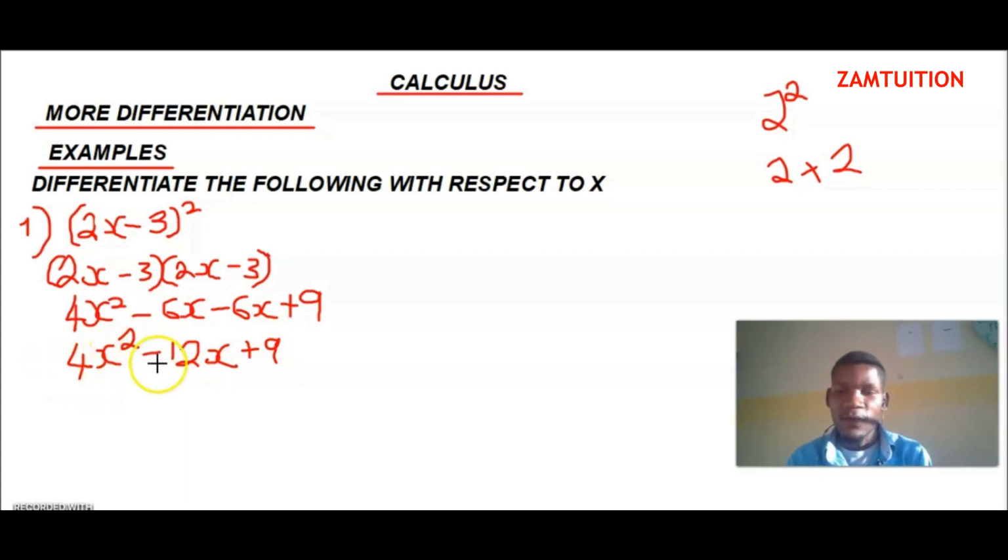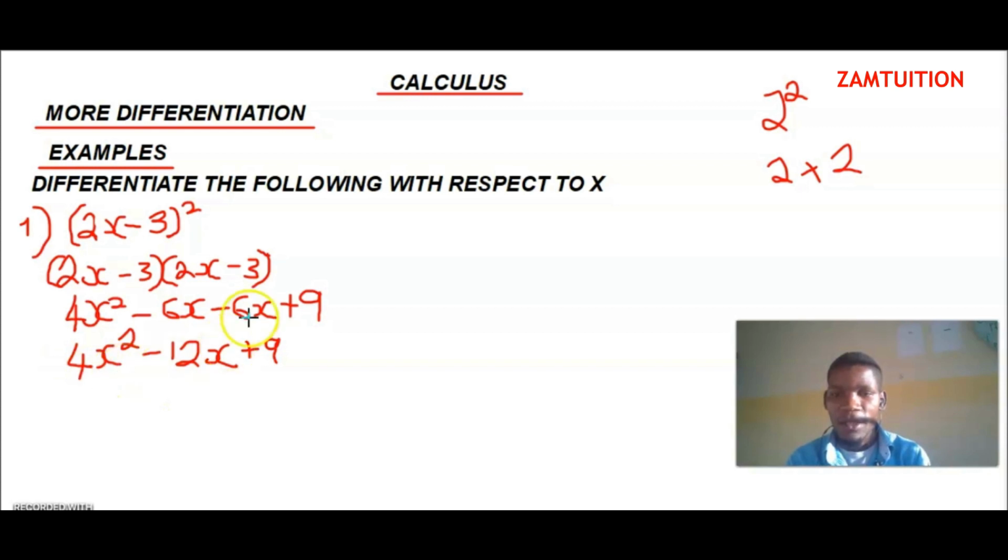So 4x squared minus 12x plus 9 is the value that we have after expansion. We haven't yet differentiated it or found the derivative, we have just expanded it and multiplied it.